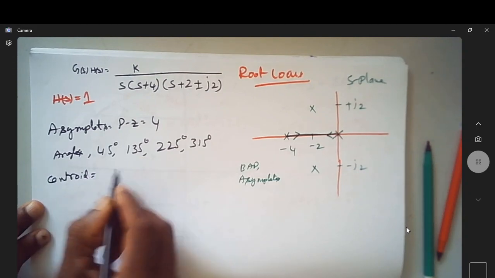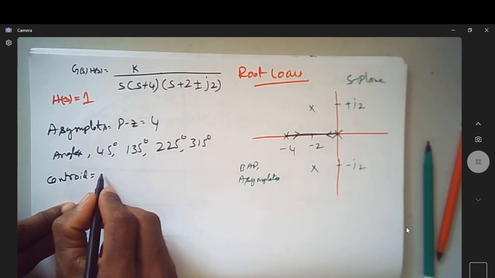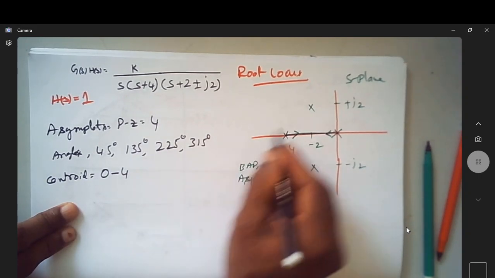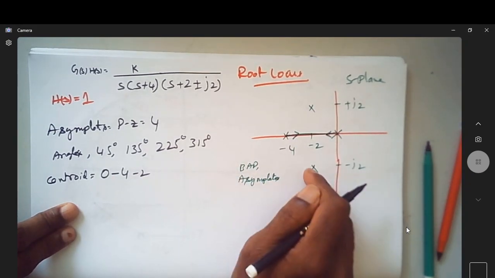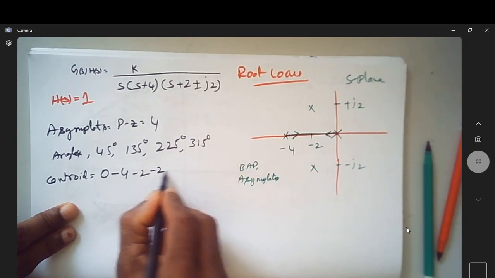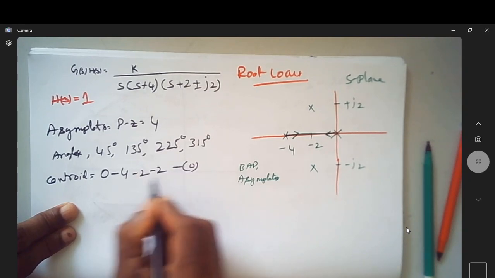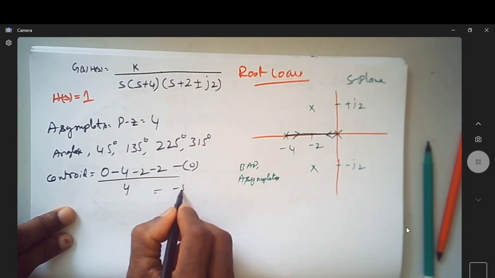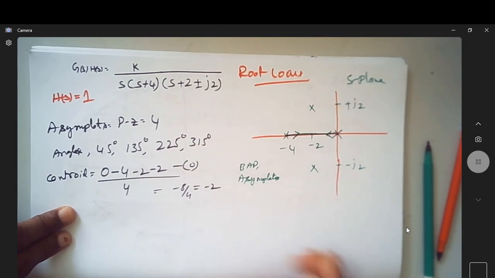The centroid is given by the summation of all pole positions: one is at the origin, another at minus 4, and the complex poles each with real part minus 2. Of course, we don't have any zeros here, so we divide by 4. It is minus 8 by 4, which is minus 2.